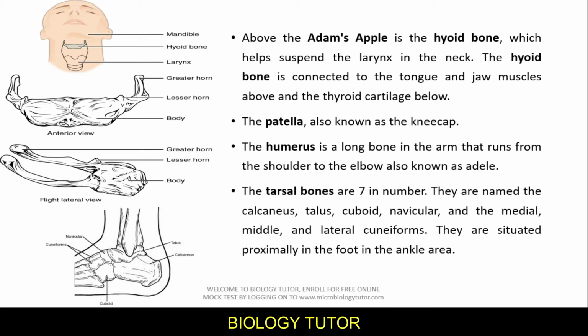They are named the calcaneus, talus, cuboid, navicular, and the medial, middle, and lateral cuneiforms. They are situated proximally in the foot in the ankle area. You can see these bones in the left side picture.